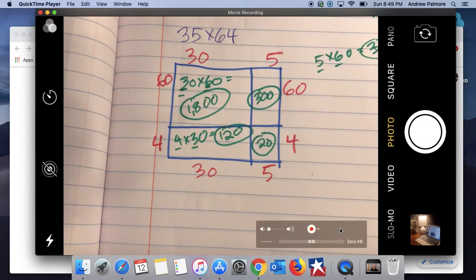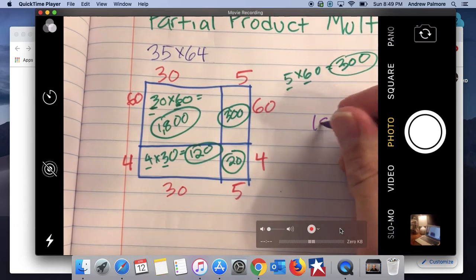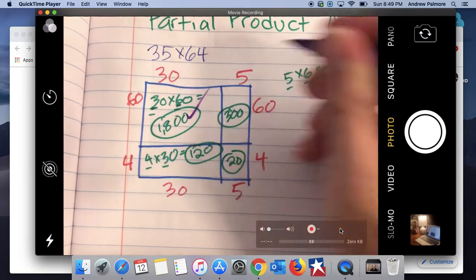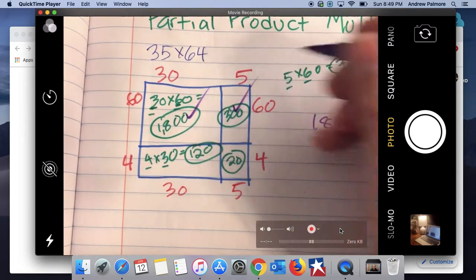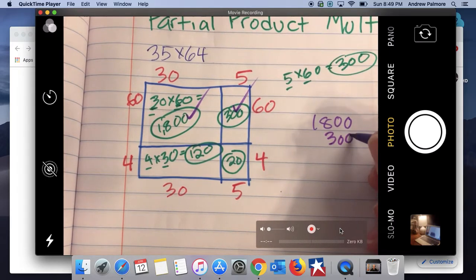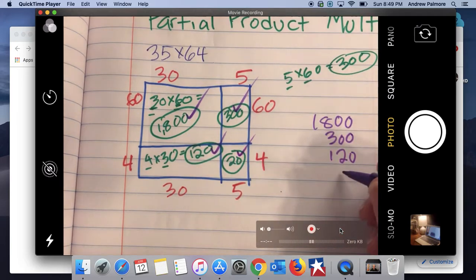Okay. Now the next step is to add up my partial products here. Okay. So I have 1,800 here. I'm going to check that off. I have a 300. I have a 120. And I have a 20.